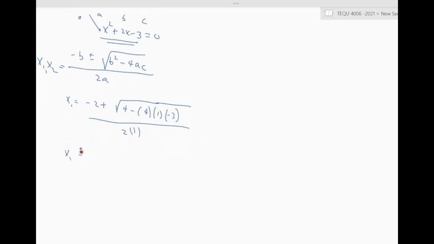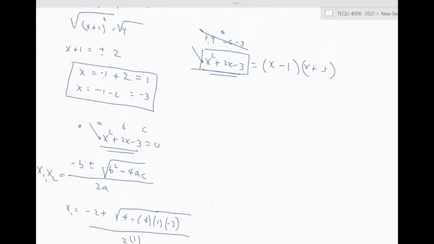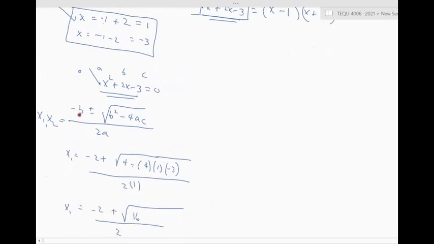So x1 will be minus 2 plus, here we have 4, now minus a negative will be positive, and 4 times 3 is 12, so this result inside will be 16, and all that divided by 2. So the first result will be x1 equals minus 2 plus the square root of 16, that's 4, over 2. That will be minus 2 plus 4, sorry, plus 2 divided by 2, and that's 1. Now the other one, let's work it out.